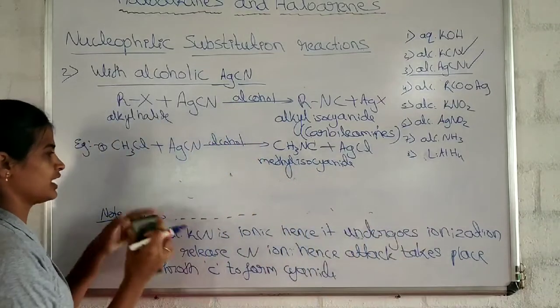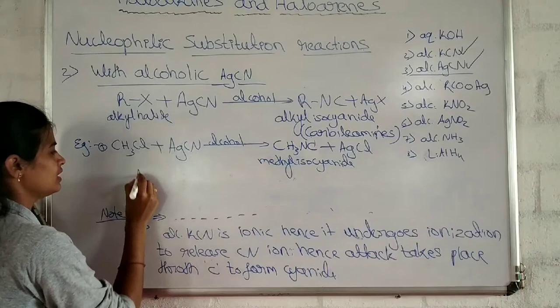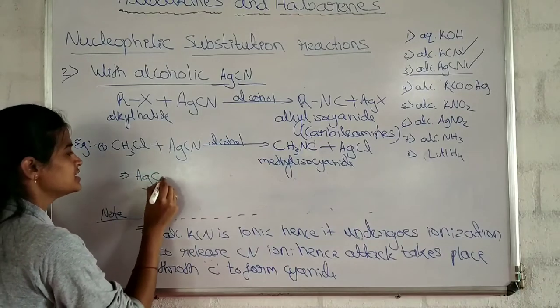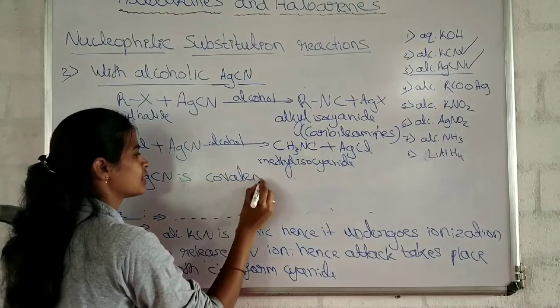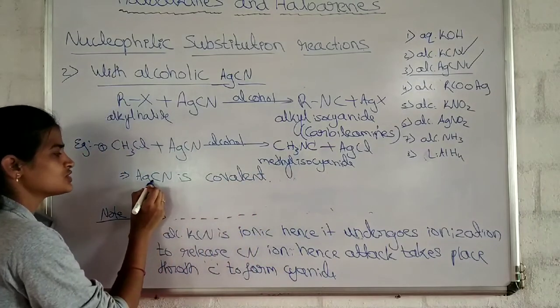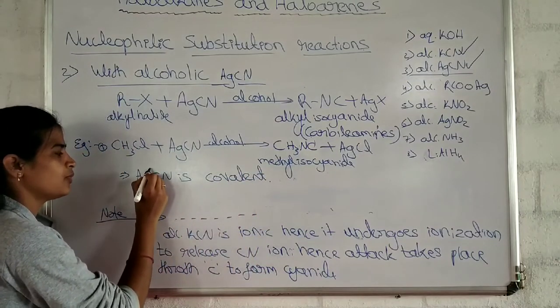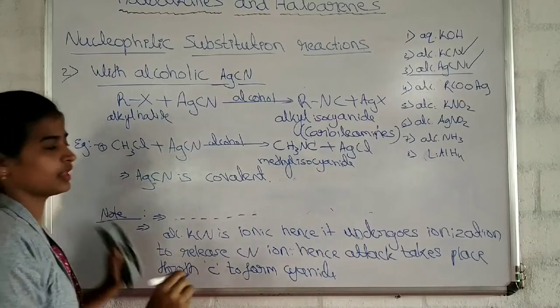Continuation of this note I have written here. AgCN is a covalent compound. Therefore, it is not very easy to break the bond between Ag and CN.